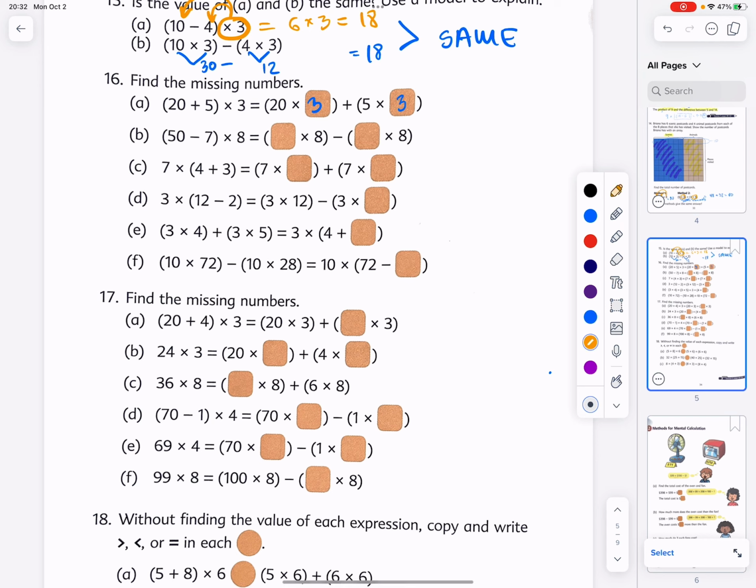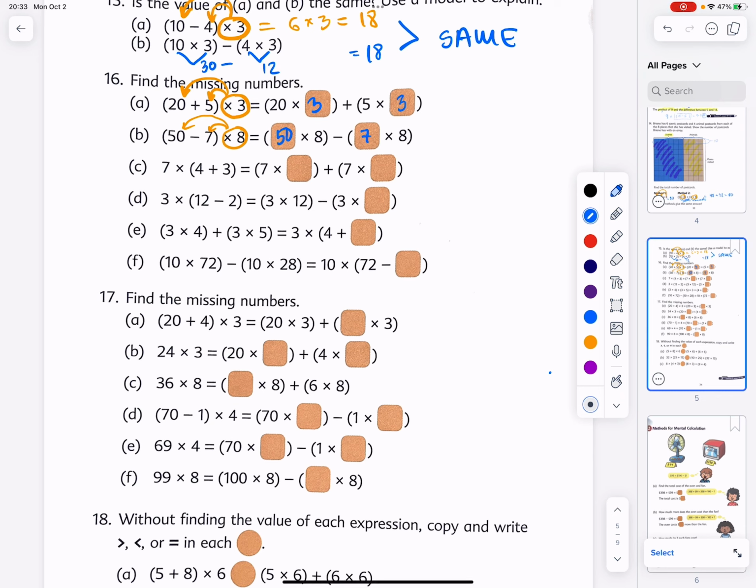I look at it like this: 3 is a common factor for 20 and 5, and we distribute the common factor to both, to 20 and 5. Let's take a look at B. The difference of 50 and 7 is taken 8 times. We can think that 8 is the common factor for 50 and 7, which means 50 taken 8 times minus 7 taken 8 times.